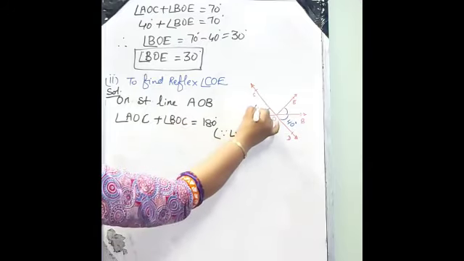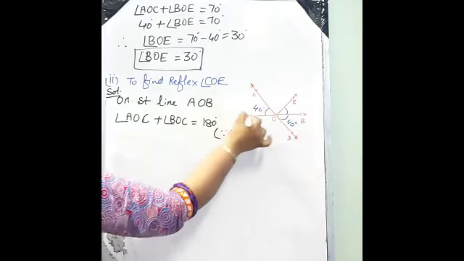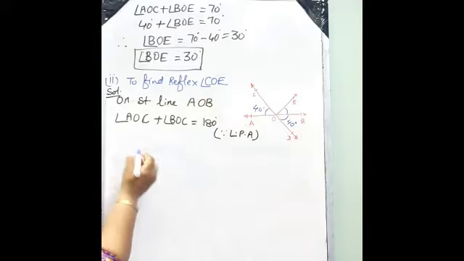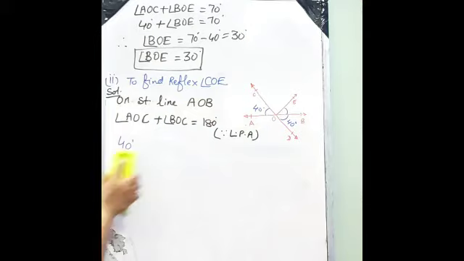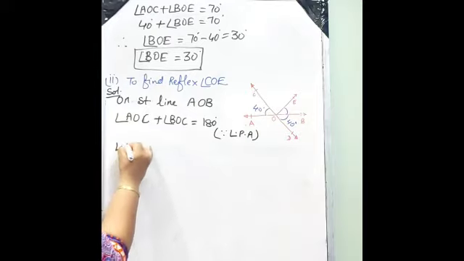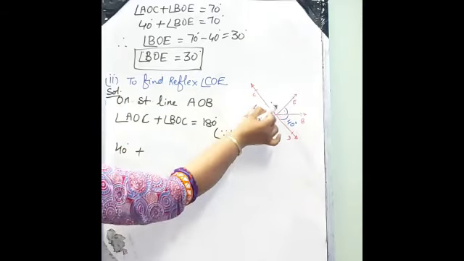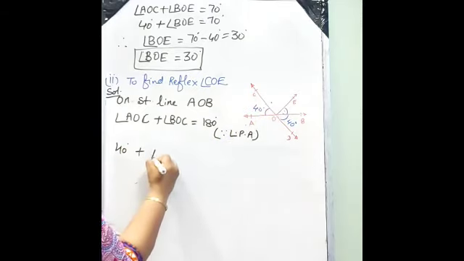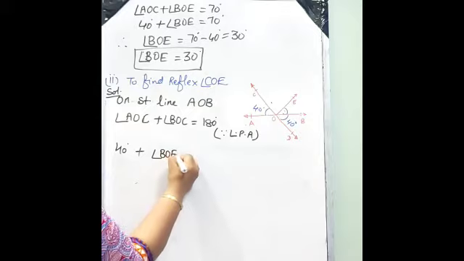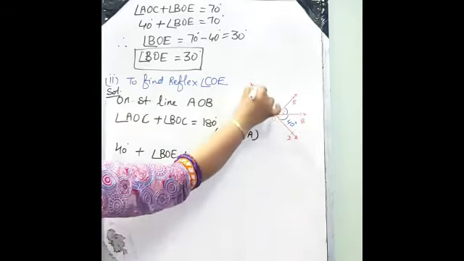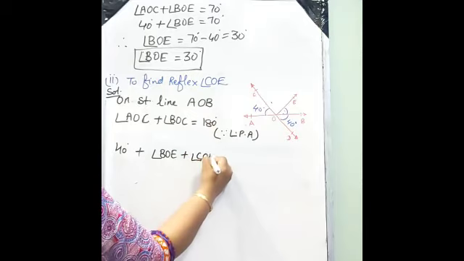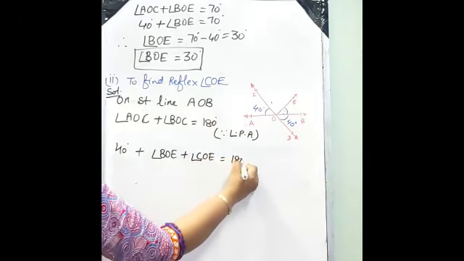Now we have proved in the first part angle AOC equals 40 degrees. And angle BOC is again a combination of these two angles. Angle BOC equals angle BOE plus angle COE equals 180 degrees.